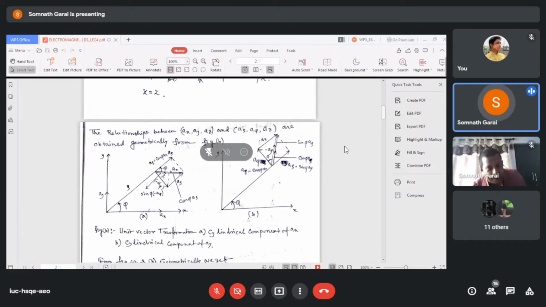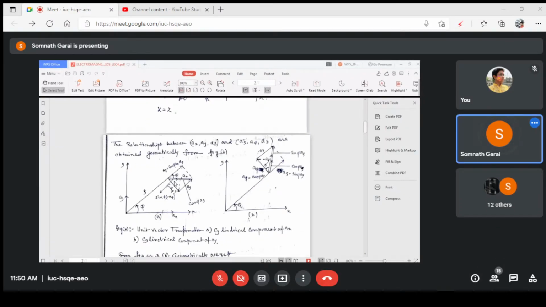Now ax and the a rho vector form an angle phi, so this component of the vector, that is a rho, is equal to cos phi a rho, according to the vector components. And along the a phi vector, this component will be sin phi into minus a phi.